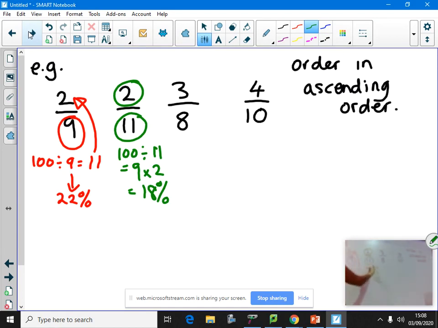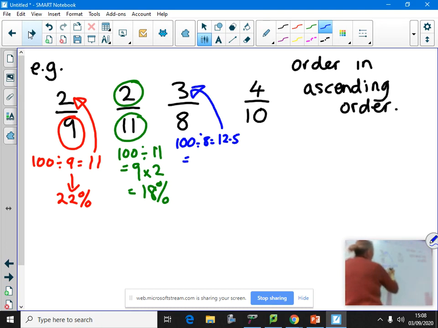So far this is the smallest one. Okay, how many 8s in 100? I've already discussed this is a favourite for GCSE. There's 12.5 in 100. So 100 divided by 8 equals 12.5 times by the top equals 37.5%. Oh, that one's definitely bigger.